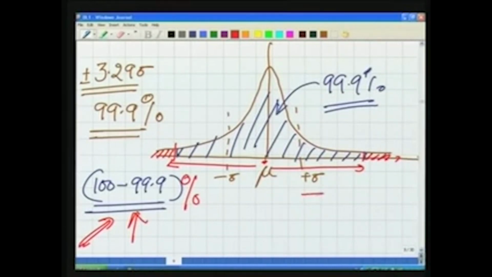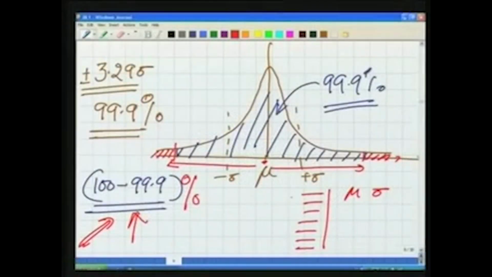From a set of observations, we find the mean, we find the sigma, and we check if there is any data which deviates by more than this value, and we outrightly reject it. Okay. Now, there is one disadvantage of this method. What is the disadvantage?